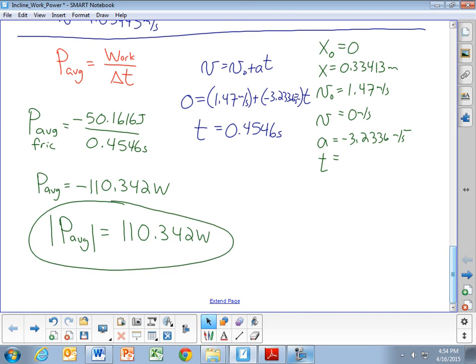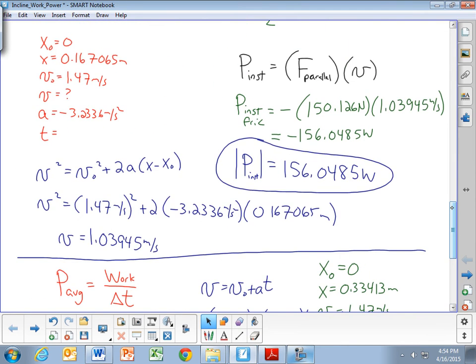So friction took away, on average, 110.34 joules of energy per second, which is different than the power that it had halfway down. Again, it's saying that right at that instant, it was taking away 156 joules per second.